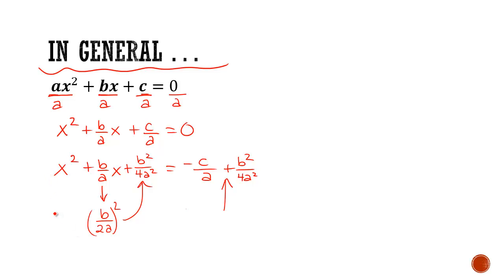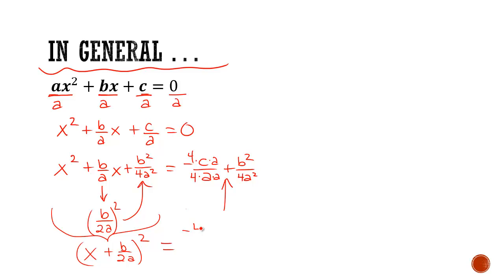Now this becomes one nice package of x plus b over 2a squared. Notice if b was actually a negative here, then that would affect this to be negative. Equals, and we need to combine the common denominators and add these fractions. So we need times this one by 4 and this one by a.